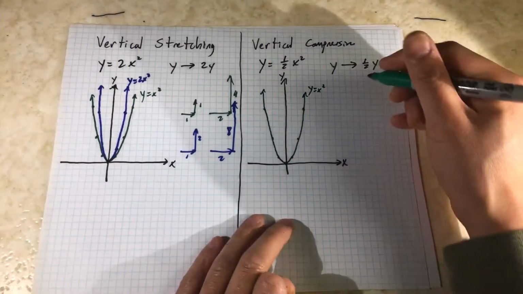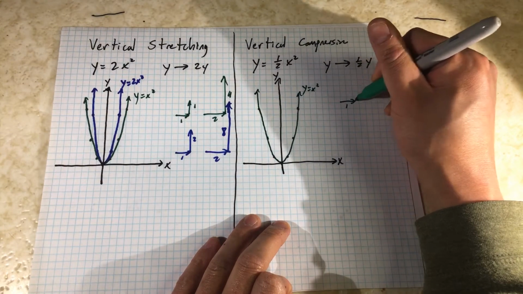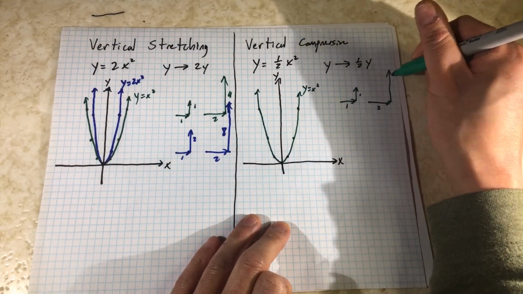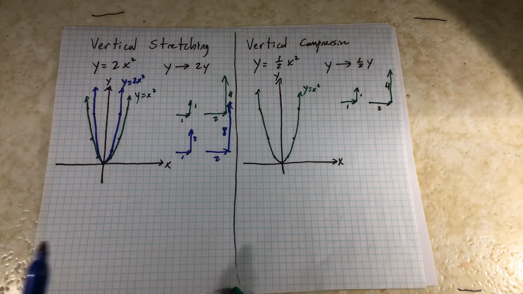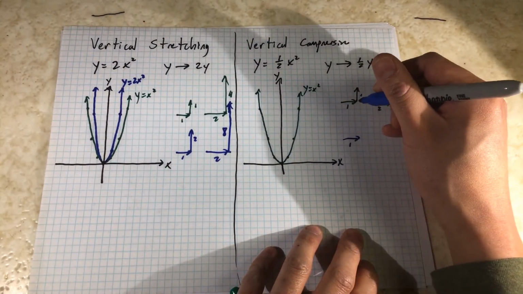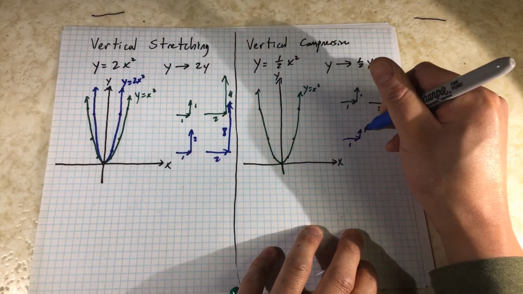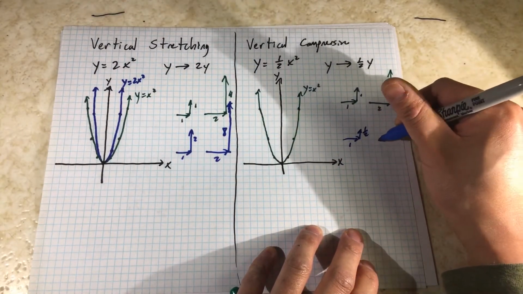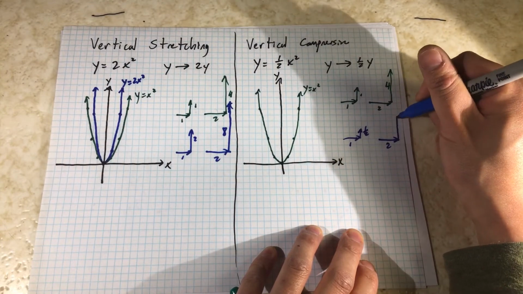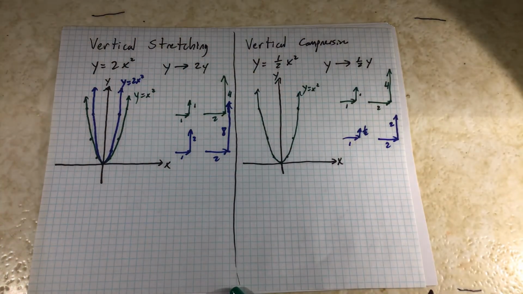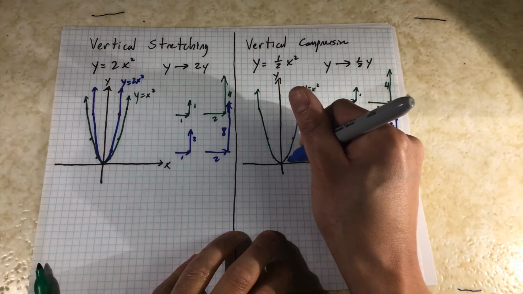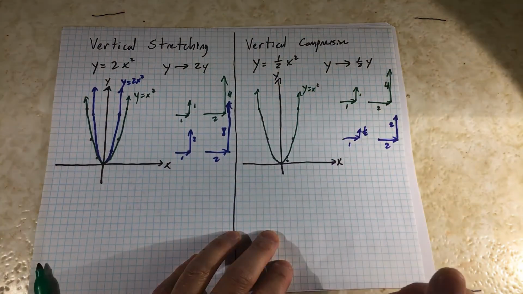Okay, and again, normally we would go right 1, up 1, right 2, up 4. But in this case, we would go right 1, but instead of going up 1, we're going to go up 1/2. And then we're going to go over 2, and instead of going up 4, we're going to go half that amount, so we're only going to go up 2. So we have our vertex, right 1, up 1/2.